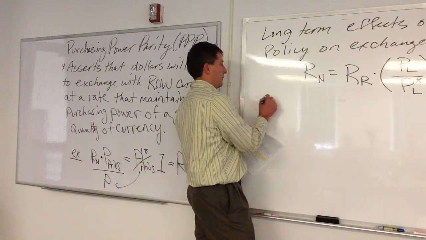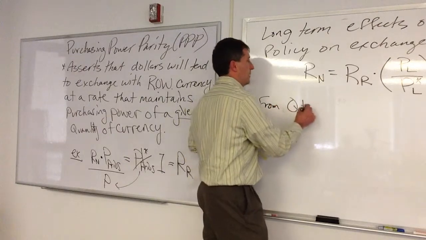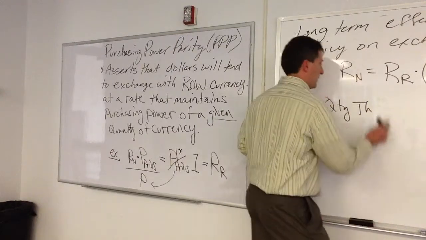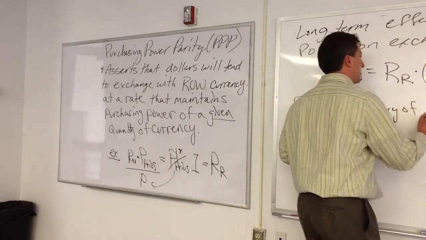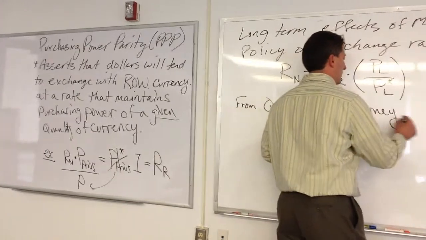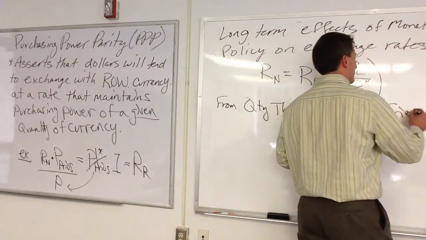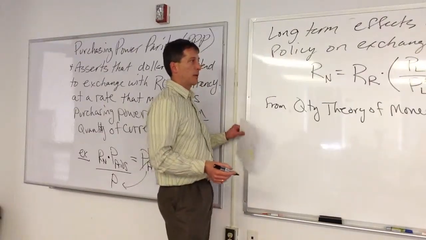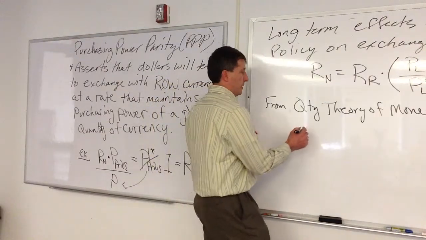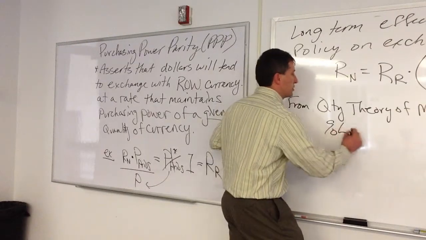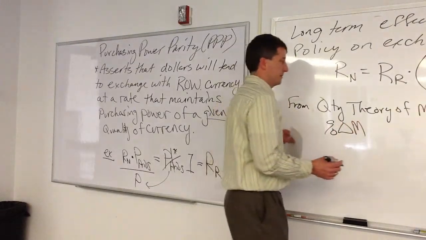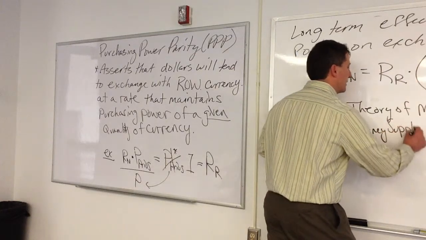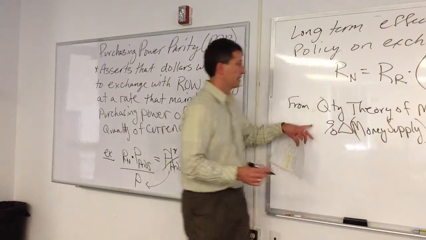So from the quantity theory of money, this is the Friedman stuff. Uncle Milty, from the quantity theory of money, the percentage change in the money supply, I'll just write it out since we're not doing too much with money supply at this point.